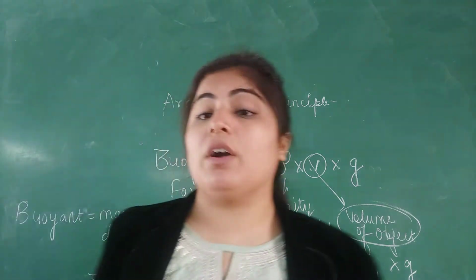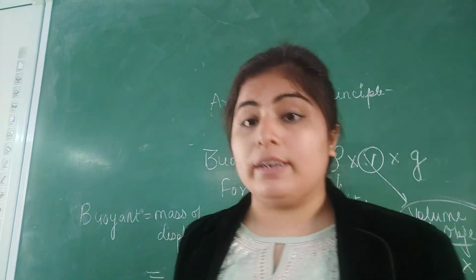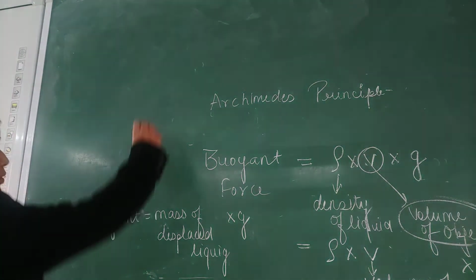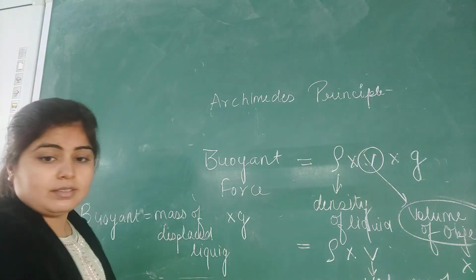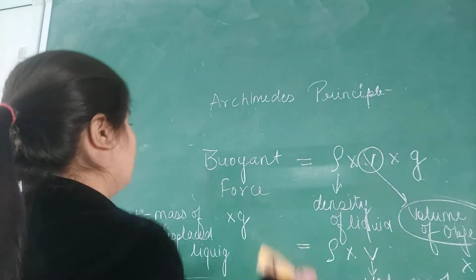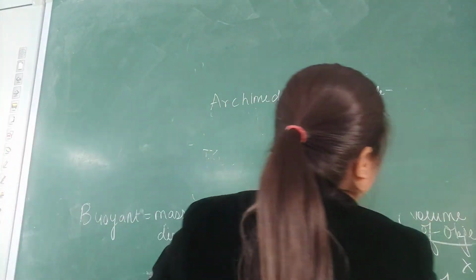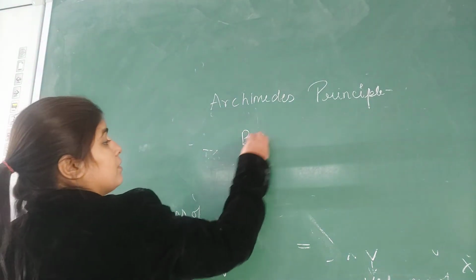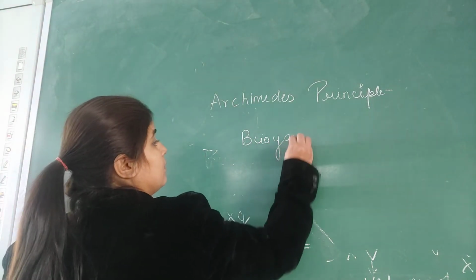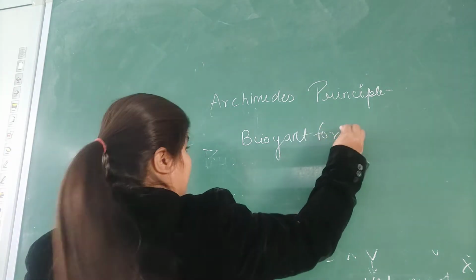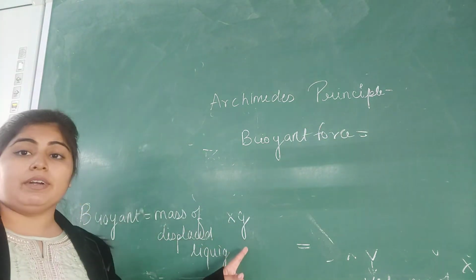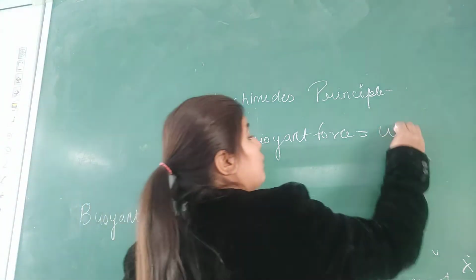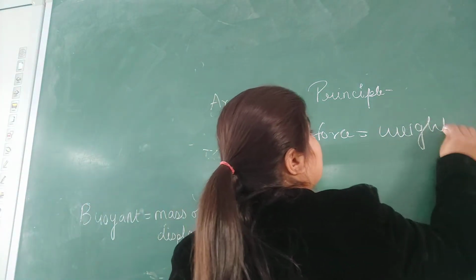M into g is what? Weight. किसका weight? Displaced liquid का weight. ठीक है? So finally we can say buoyant force will be equal to mass into gravitational acceleration, m into g, यानी weight of displaced liquid.